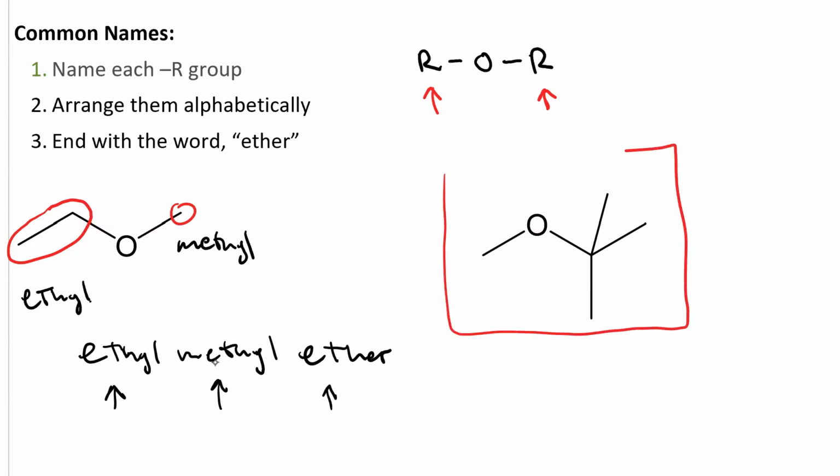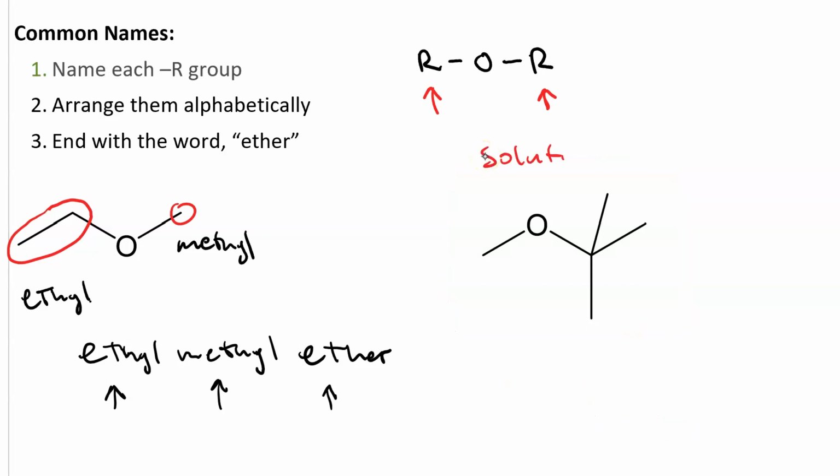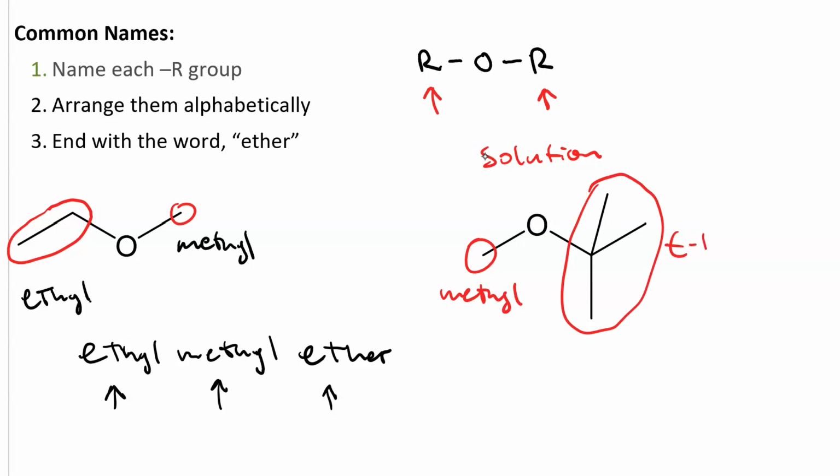Try this one as an exercise. Pause and work it. Here's my solution if you're ready. This is a methyl group. This is a t-butyl group.